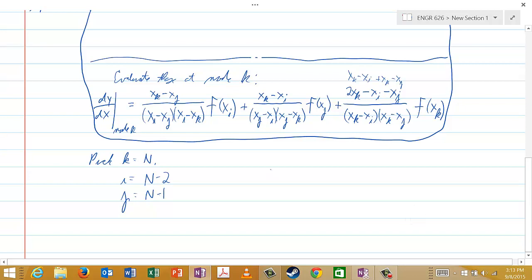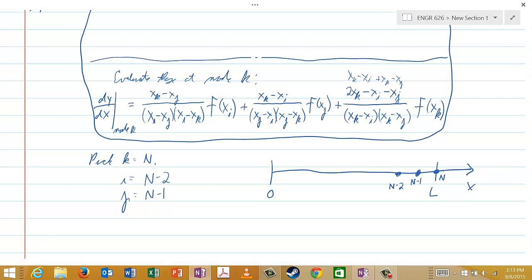So in other words, if you think of your problem domain as being like this, this is the x direction, and here's x equals 0, here is x equals L, then we're looking at these last three nodes, node n minus 2, node n minus 1, and node n. And we want to evaluate that derivative, dy dx, at node n.